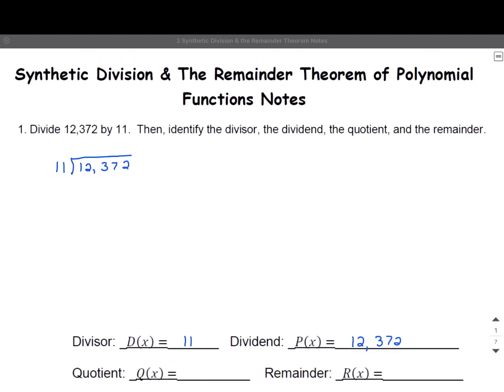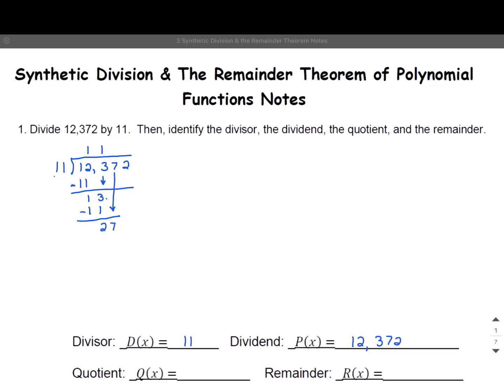So we'd say, okay, 11 goes into 12 one time. 1 times 11 is 11. And we subtract. We get 1. We bring down the 3. Now we say 11 goes into 13 one time, and 1 times 11 is still 11, and we subtract. 13 minus 11 is 2.